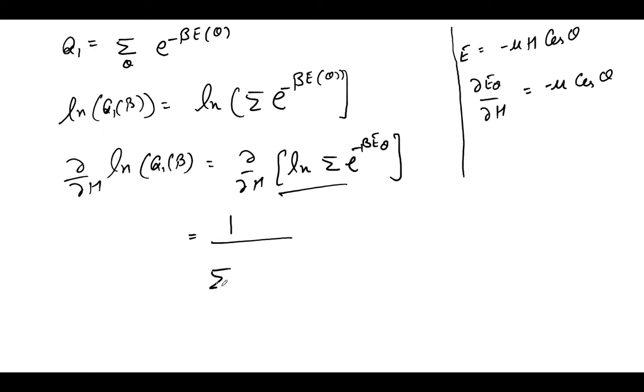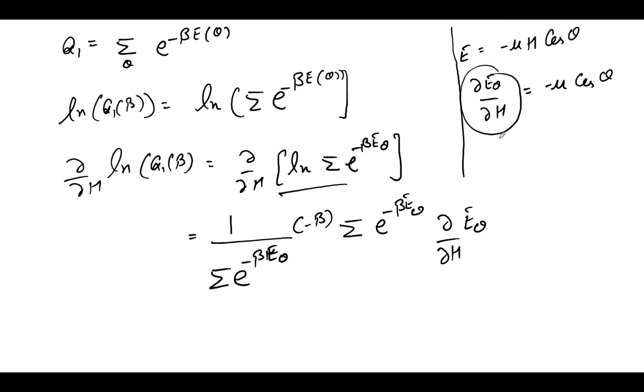This comes in the denominator: exponential of minus beta E(theta), so minus beta and the summation of exponential of minus beta E(theta), and the derivative of E, which is also a function of H, so we also need to consider d by dH of E(theta). Putting in the value of dE(theta) by dH, here minus of beta, here a minus sign, so both get cancelled.